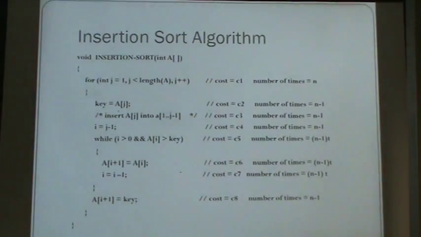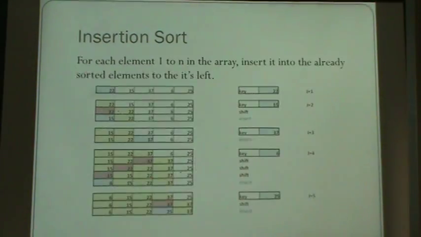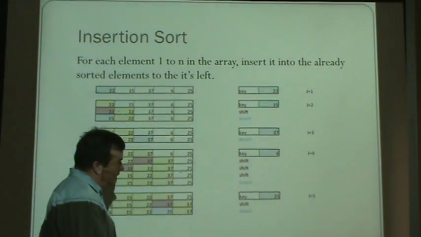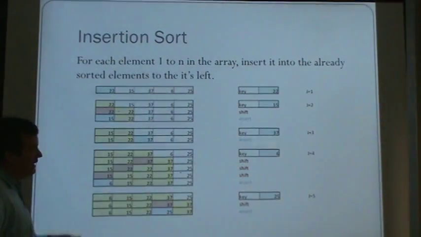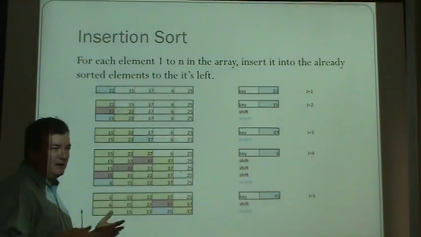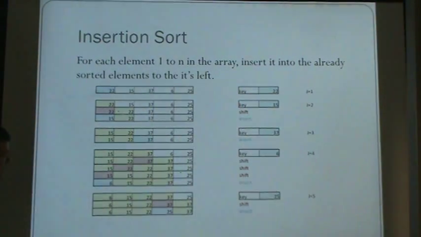I just want to make sure we get this, because this is an important part. This is where we're going to start talking about the best case, the worst case, and an average case, because it's not like every line runs exactly the same number of times. It's going to depend on the input.